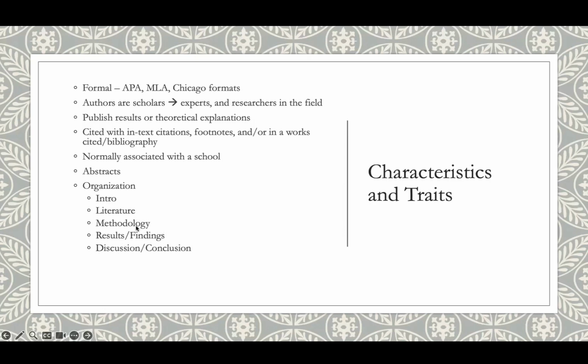Which is evaluating. You evaluate your findings against your hypothesis or the previous research that exists. So when you go through and you're looking at these articles, unpacking and breaking that down is key to understanding really what the process is and how it maintains the scientific inquiry throughout the article as well as the research process.